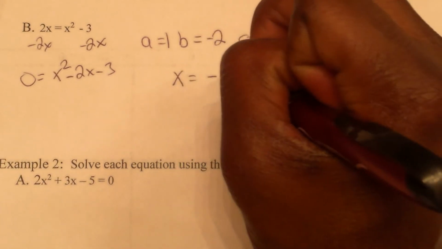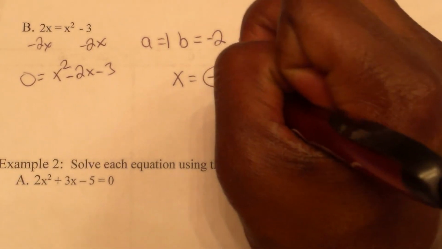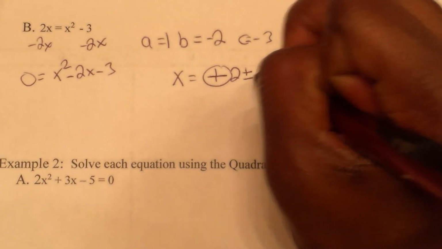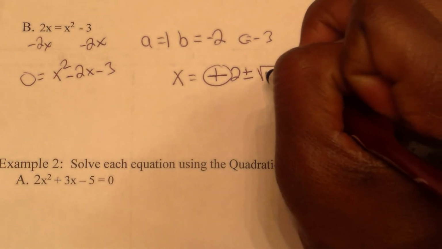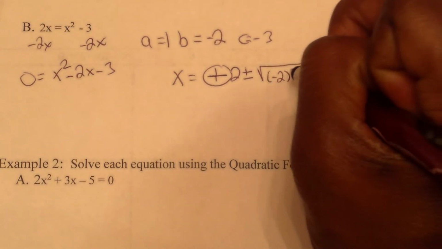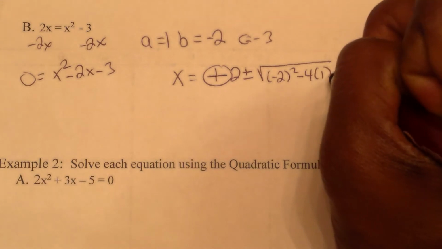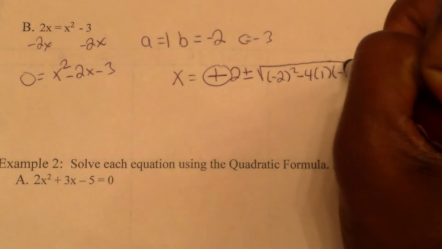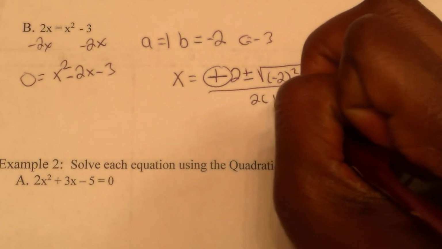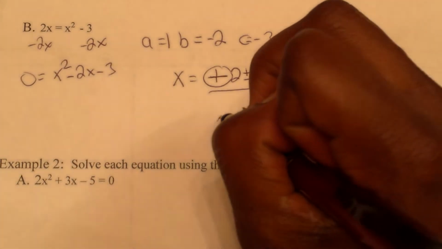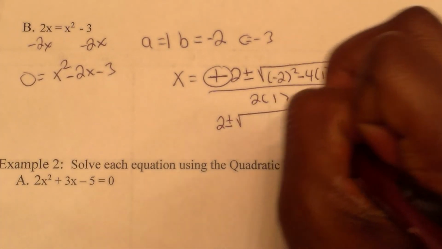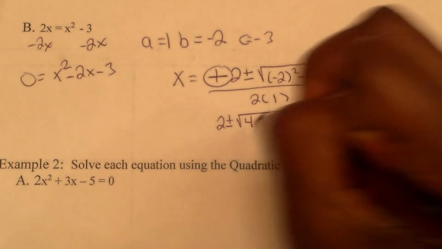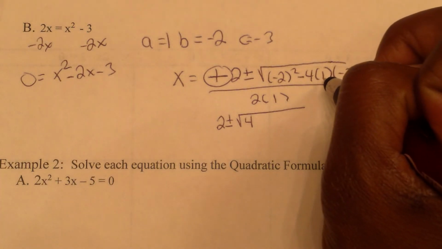X equals negative B, so two negatives will make a positive, plus or minus the square root of our B squared, so negative 2 squared, minus 4 times the A times the C, all over 2 times A. So we simplify, we end up with 2 plus or minus the square root. Negative 2 squared is 4. 4 times 1 is going to be negative 4.